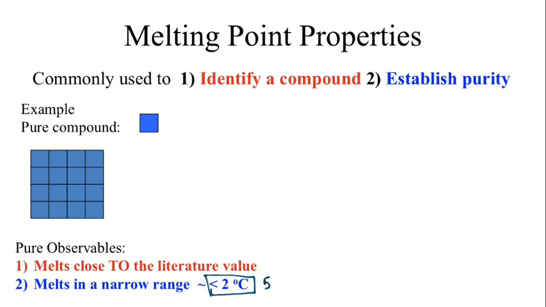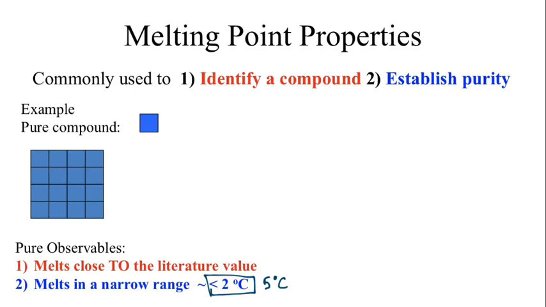I'm a bit more pessimistic, and I usually pop it up to about 5 degrees Celsius for a pure sample. It varies from compound to compound and professor to professor on what they expect. So those are our two observables. Close to the literature, I can identify the compound. Narrow range means it's pure.